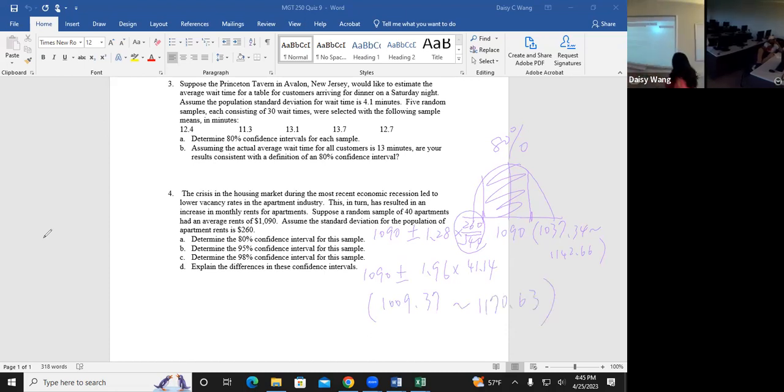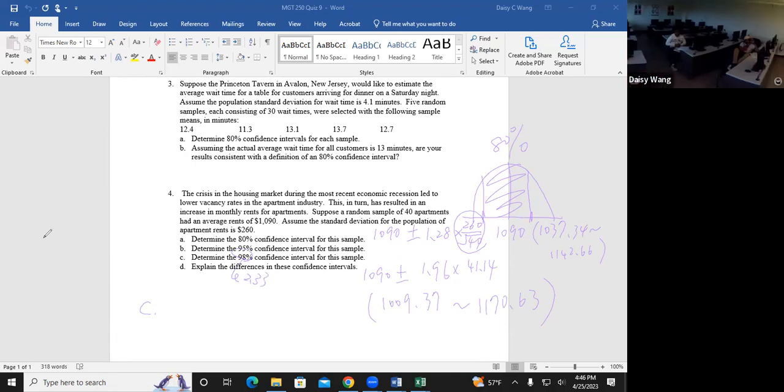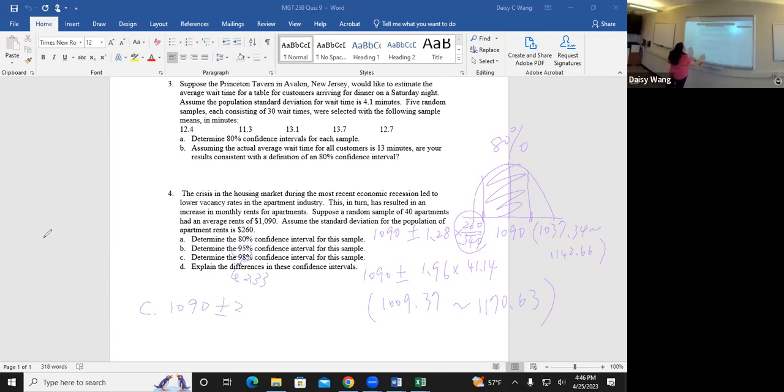This will be the B. And then D, we see 98%, the Z will be 2.33. So this one will be this plus minus 0.33 times 1.31.